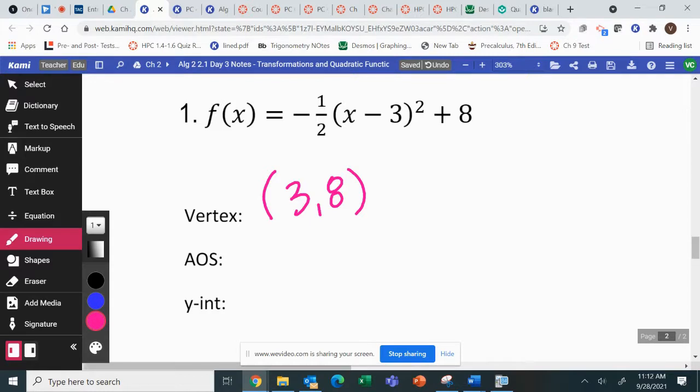Okay, I am helping her. It goes through the vertex, so it's going to have one of these numbers. The axis of symmetry is a vertical line that's going to go through the point 3, 8.